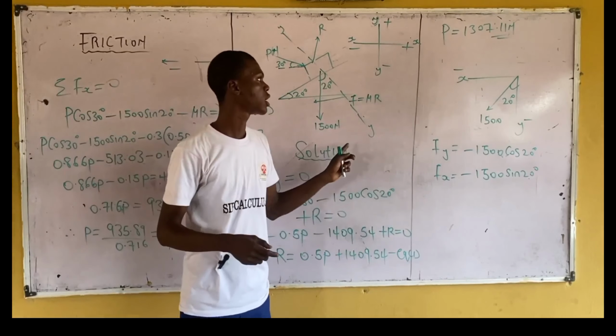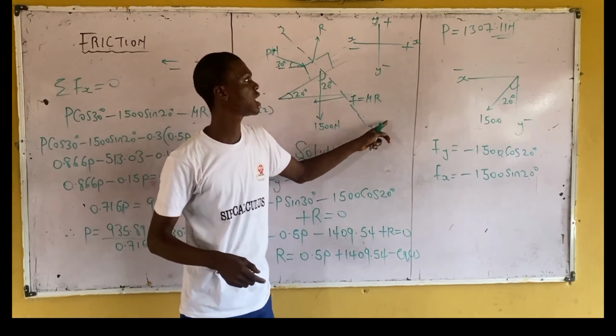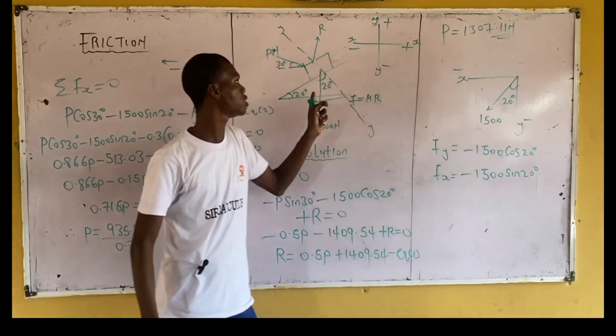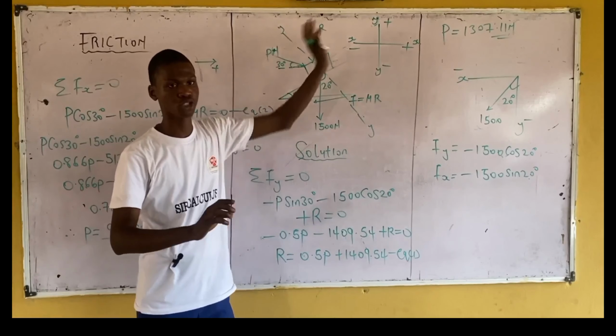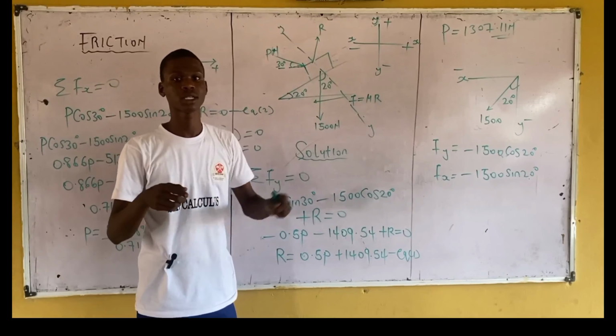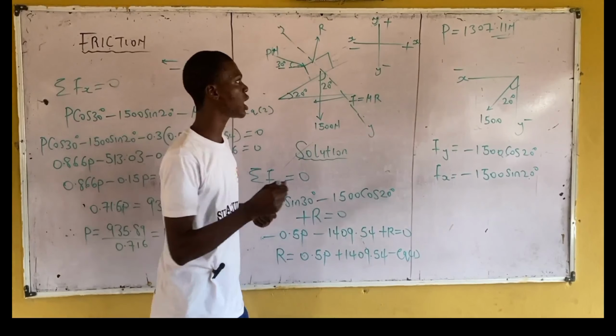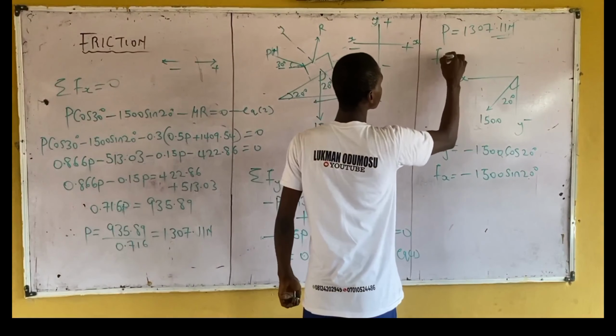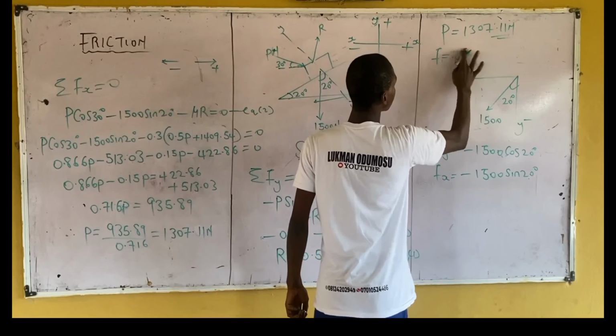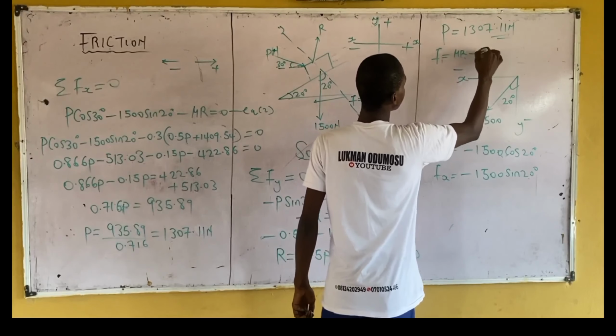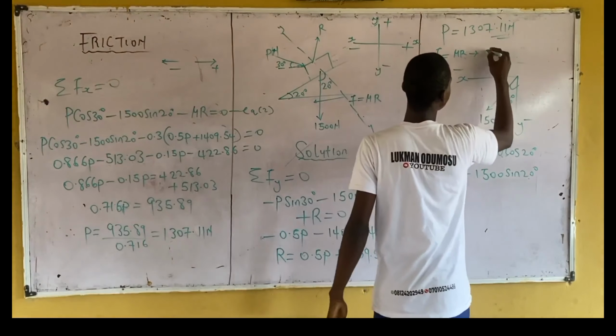Now to check, if your frictional force is less than this P, then this force will push it up. But if otherwise, this force will not push it up. Now let's check. Mathematically, we said frictional force is equal to what? Mu R. What's the value of mu? 0.3.